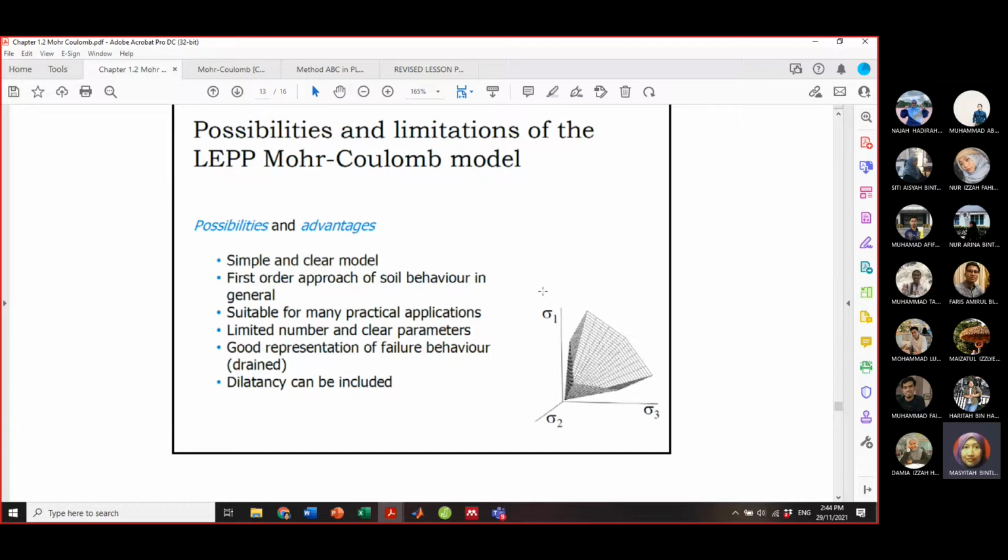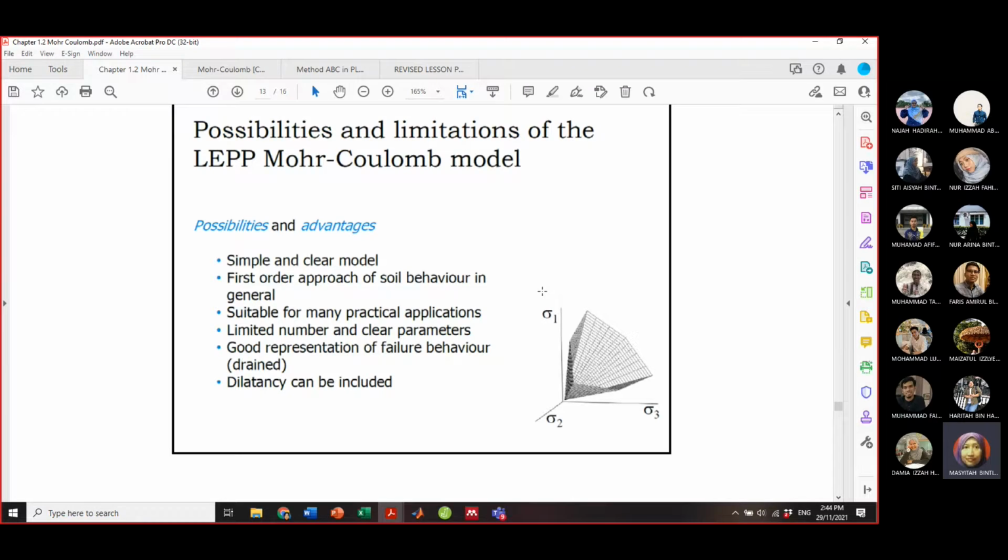If you want to get the oedometer parameter, just resubstitute the value you obtain for the first one, E from the tangent of the graph. Masuk balik dalam formula dapat oedometer E. So that's why it says that it is very easy and clear to use the Mohr-Coulomb model. So dia tak complex.